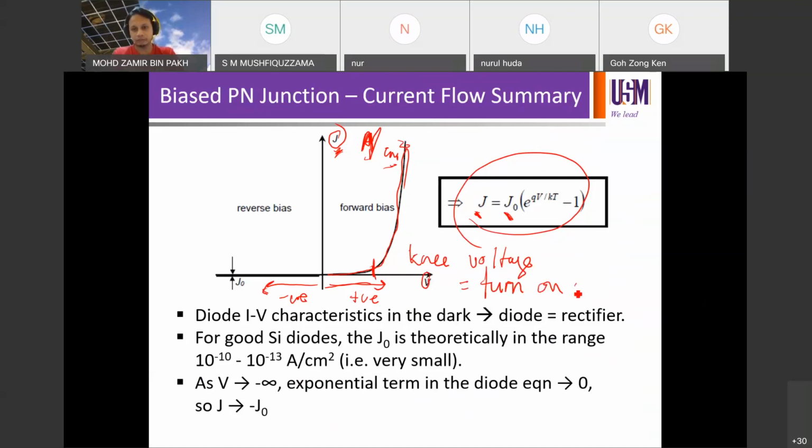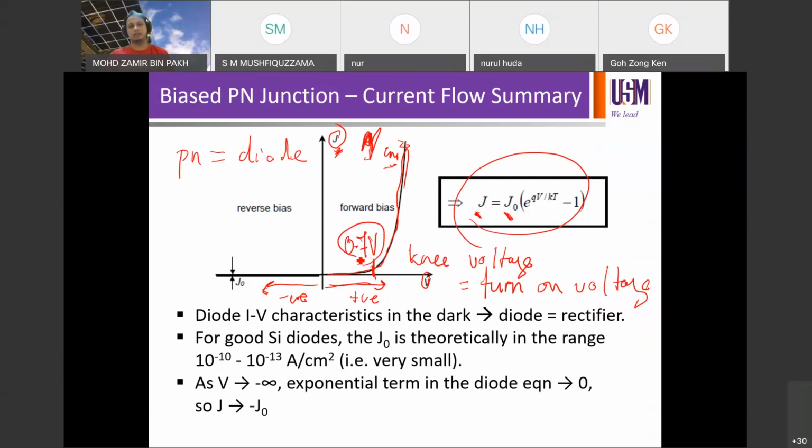So PN junction is a diode. That's why we learn about the diode equation, right? To turn on the diode, you need at least 0.7 volt for silicon, right?